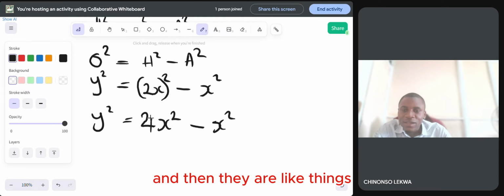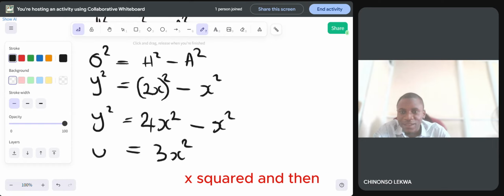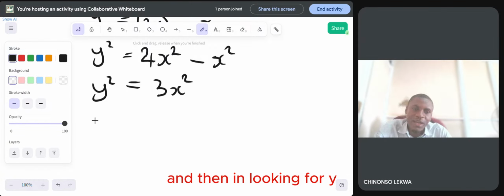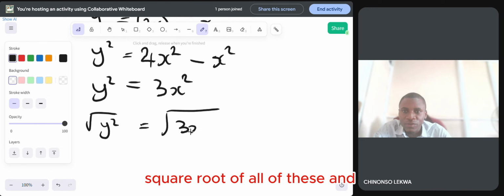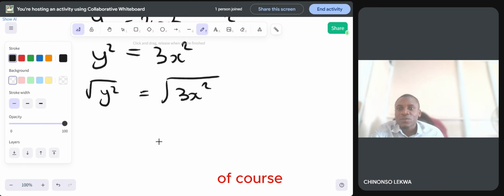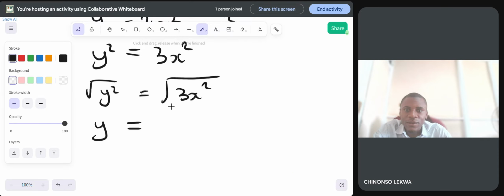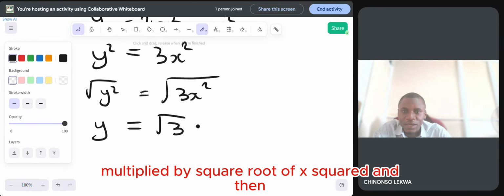And then they are like terms. 4x squared minus x squared would be equal to 3x squared, so that would be y squared is equal to 3x squared. In looking for y, we can take the square root of both sides, so the square root of y squared is equal to the square root of 3x squared. The square root of y squared is equal to y, and we can split this to be the square root of 3 multiplied by the square root of x squared.